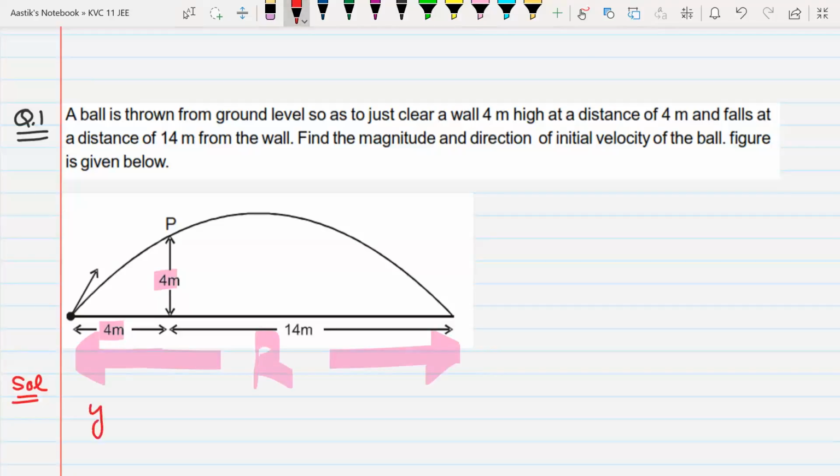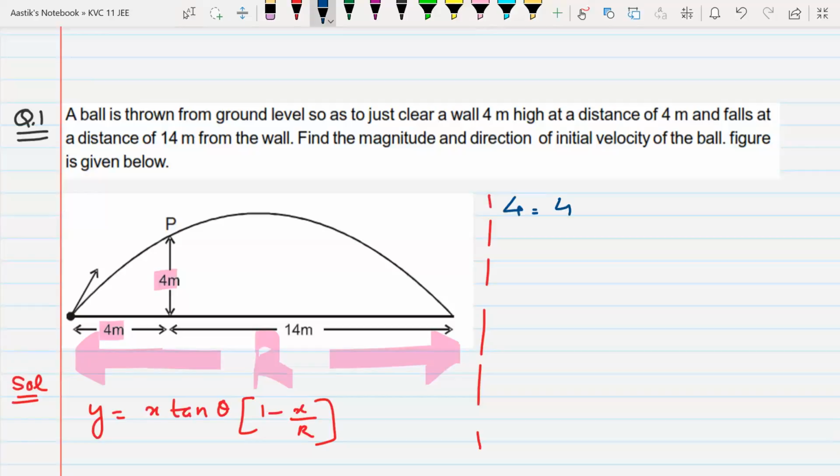So now I can apply the equation y is equal to x tan theta into 1 minus x by R. And I put the values. What is y? Y is 4. What is x? X is 4.